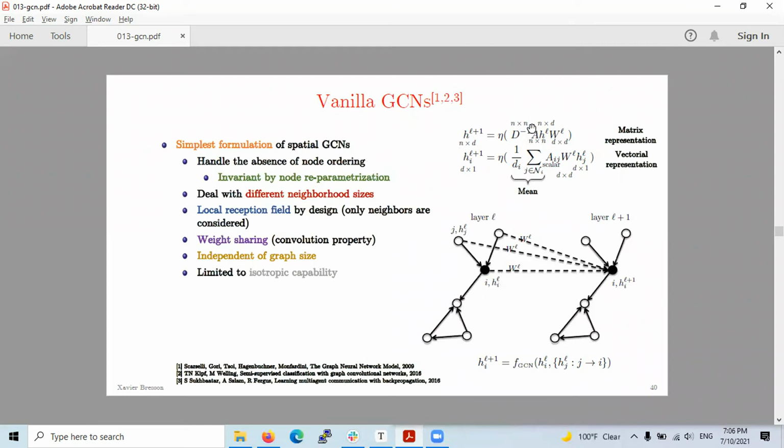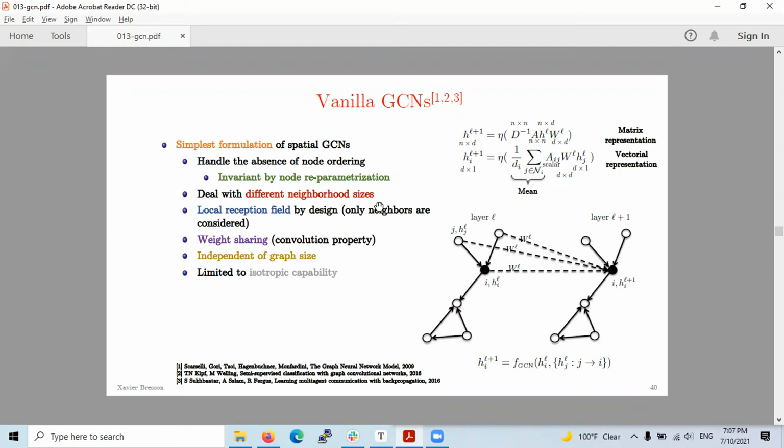The moment you have an average, all of the nodes' contributions are combined into one value, and the effect of node reparameterization is effectively solved in this way.